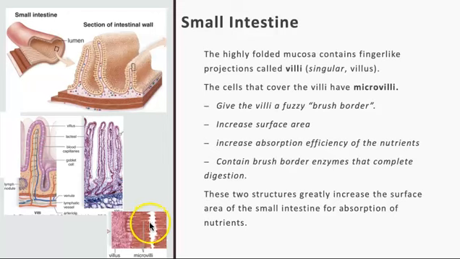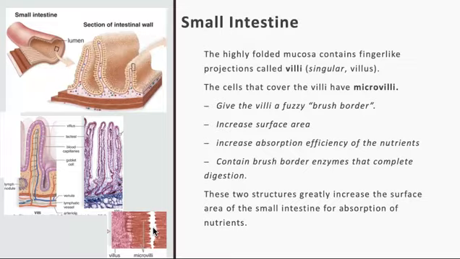We need to increase the surface area so that we can absorb more nutrients, and it helps increase our absorption efficiency of nutrients, mostly because we contain brush border enzymes that complete the digestion process. So these are important elements in allowing our small intestines to really gain our nutrients that we can utilize for cellular processes.